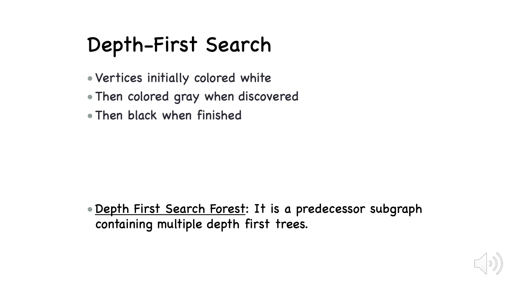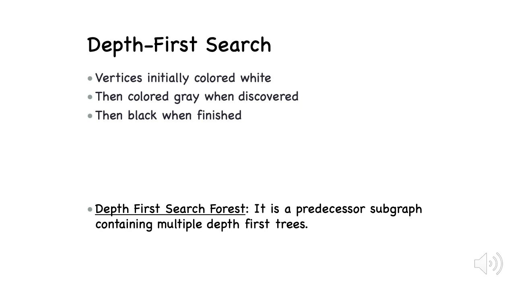Now, just remember the term: depth first search forest. It is a predecessor subgraph containing multiple depth first trees. There are many cases when from a particular node it has to backtrack in order to find another way, or to find the other adjacent edges.